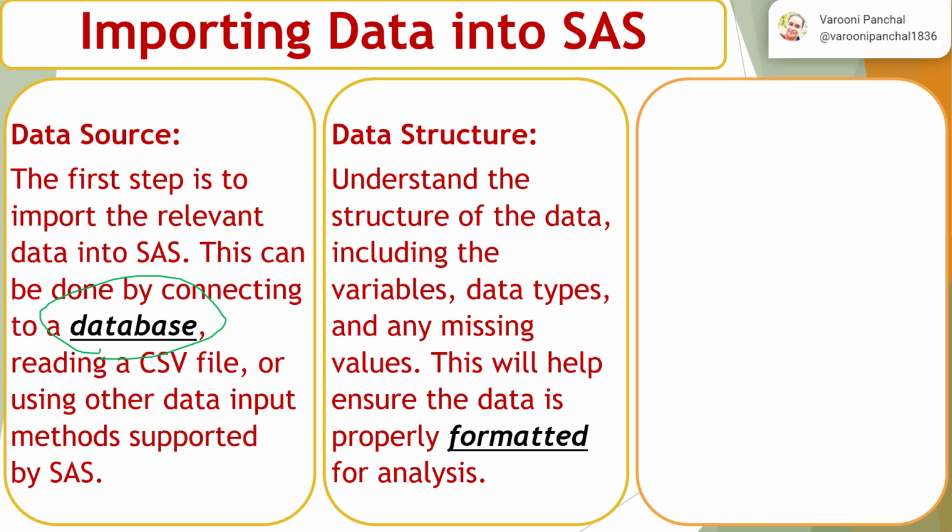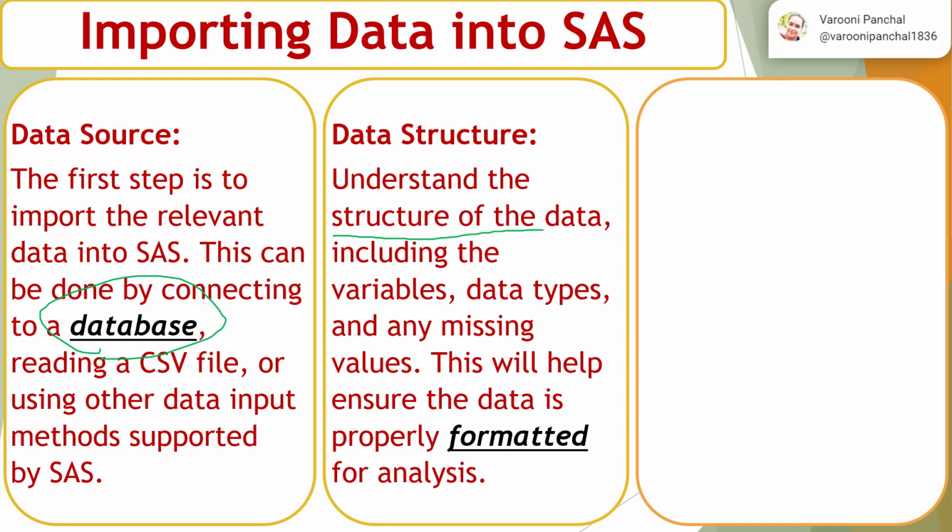Data structure. Understand the structure of the data, including the variables, data types, and any missing values that will help ensure it is properly formatted for the analysis. So the very first thing is you understand the data before even choosing any statistical test or statistical tools. It is very essential for a programmer or a statistician or an analyst to understand the structure of the data.